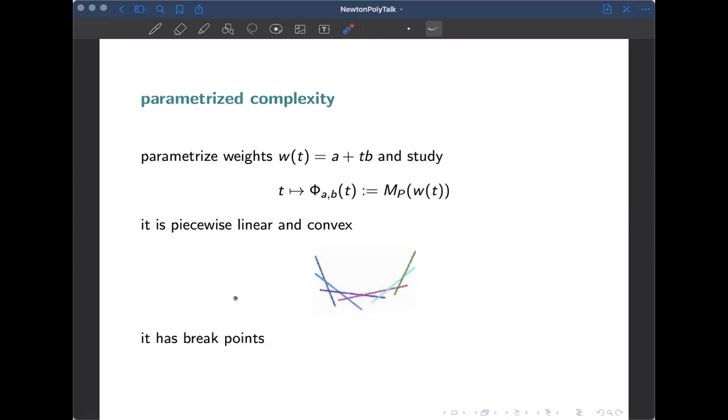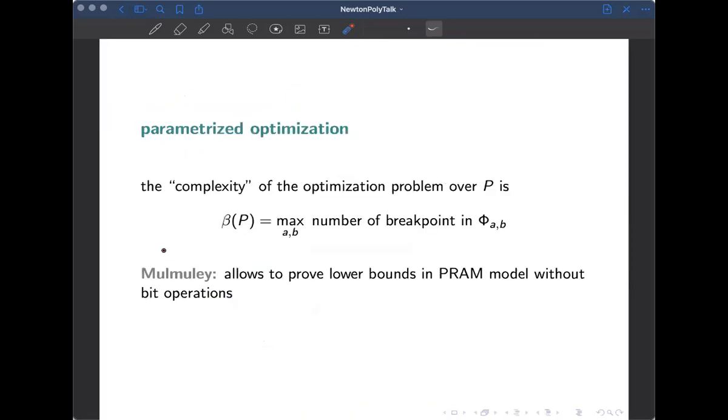So this leads to the following definition. The complexity of the polytope P from this perspective is the maximum over all vectors A and B that determine a one-dimensional family of weights. For every A and B, we measure the number of breaking points and we take the maximum.